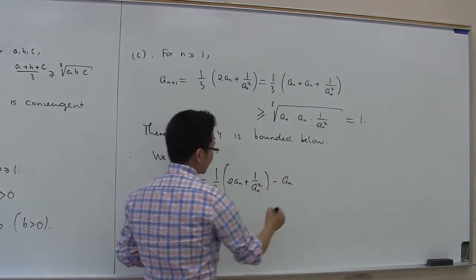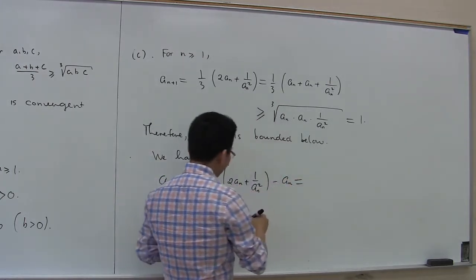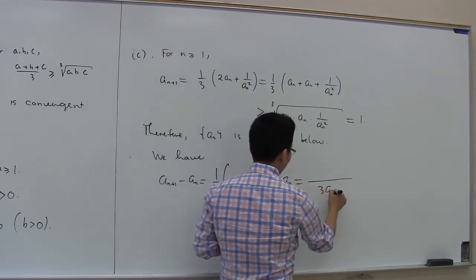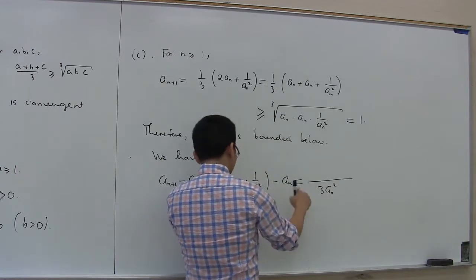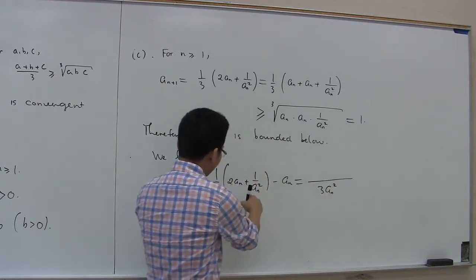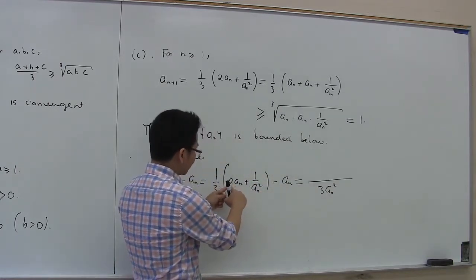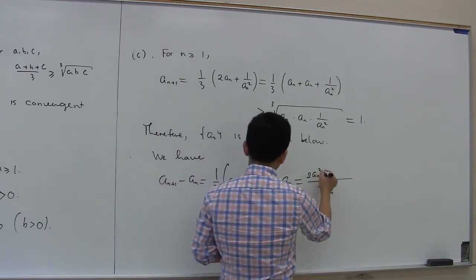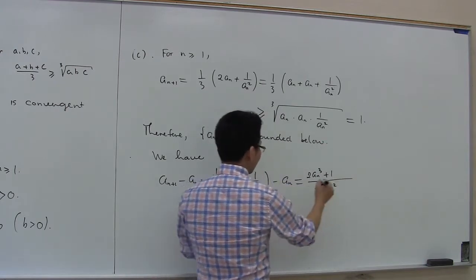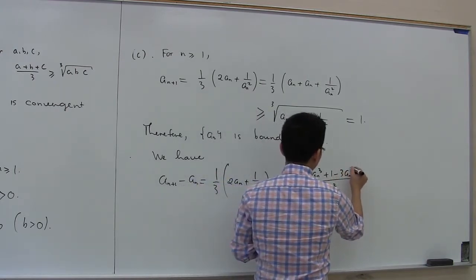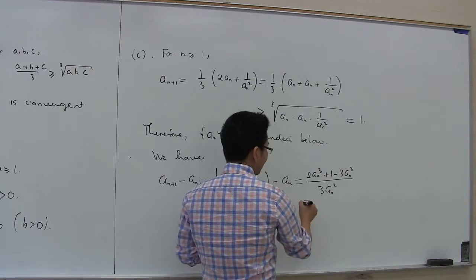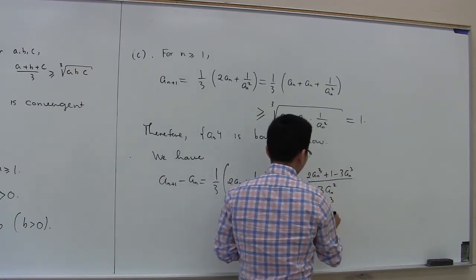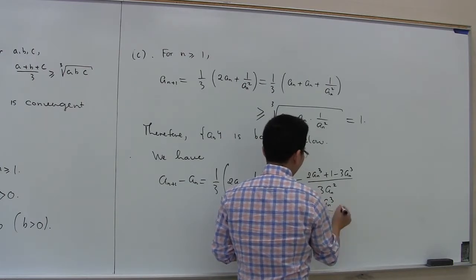Okay, so we can easily see that this is equal to 3an squared at the bottom, and on the top, this is 2an to the third plus 1 minus 3an to the third. Okay, and this is (1 minus an to the third) over 3an squared.